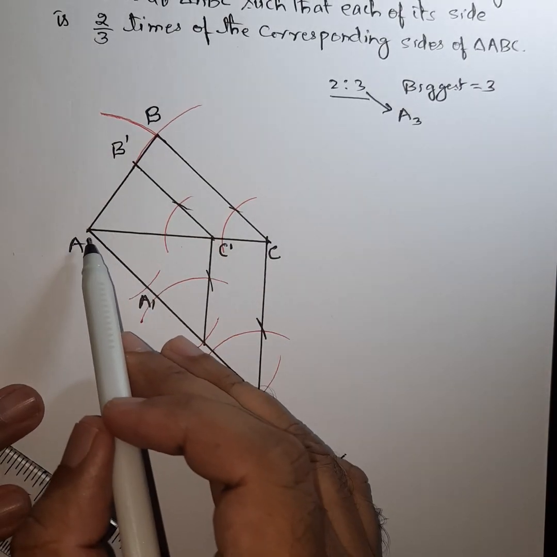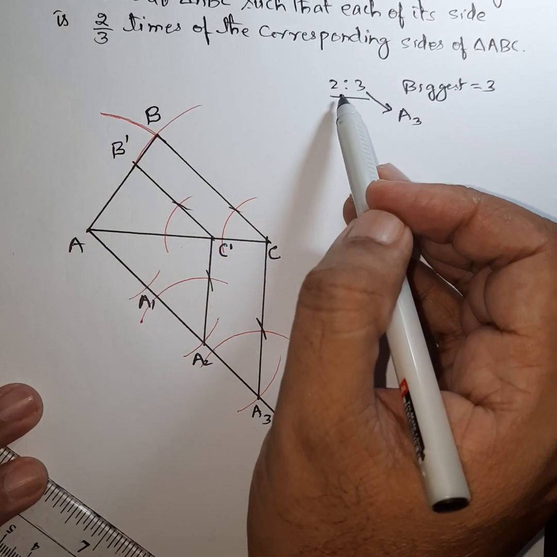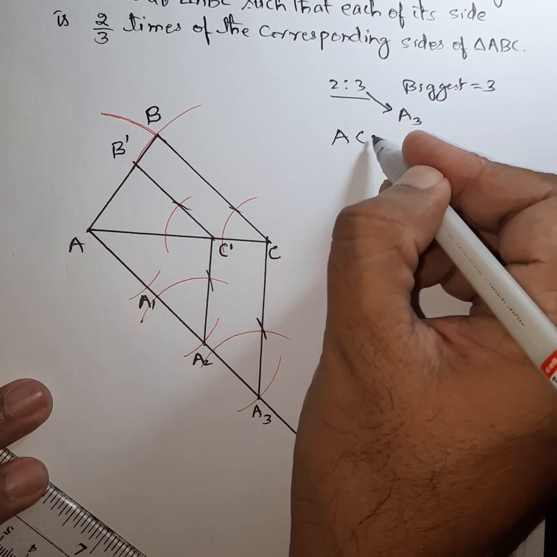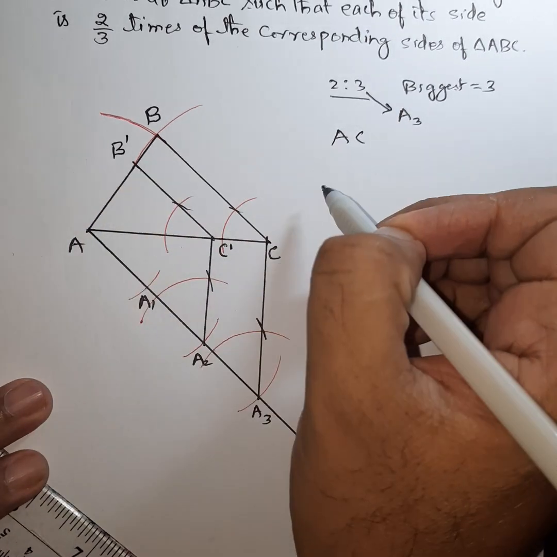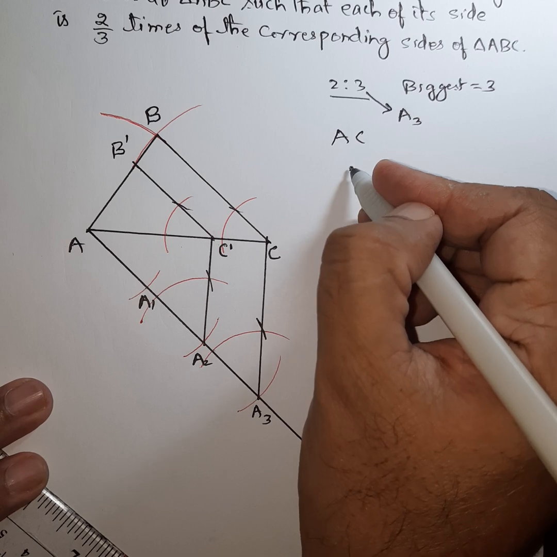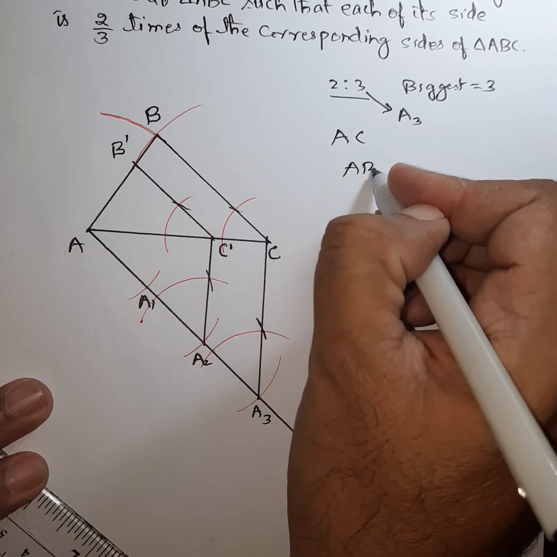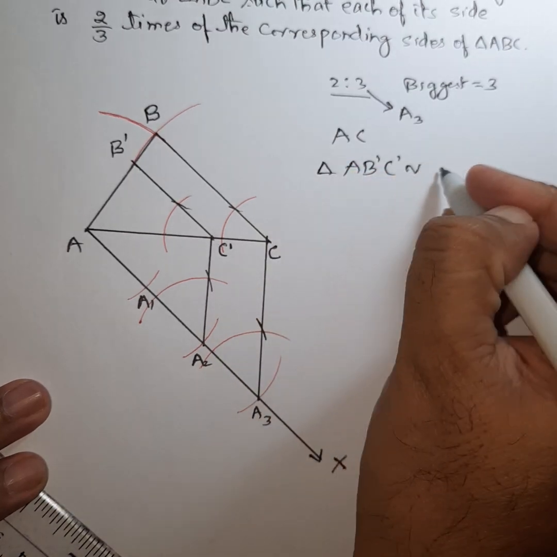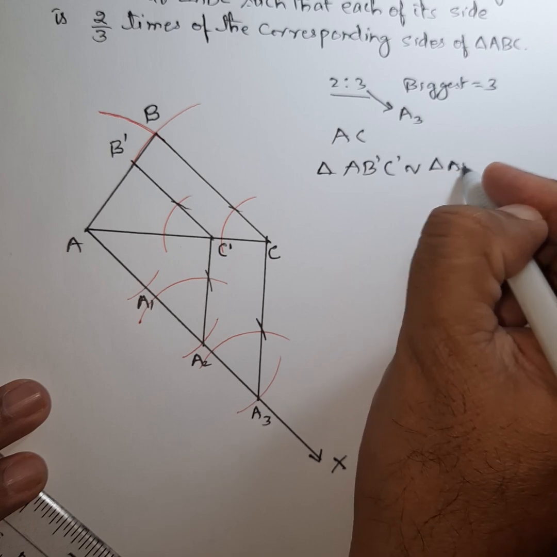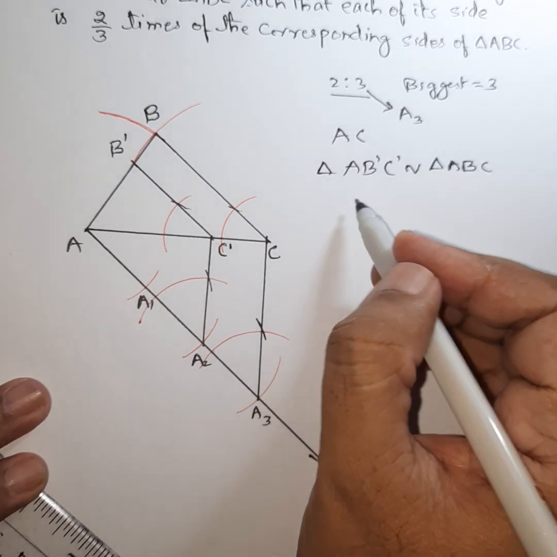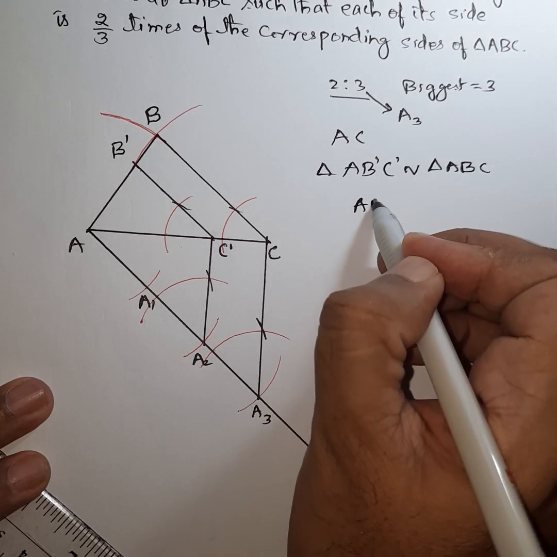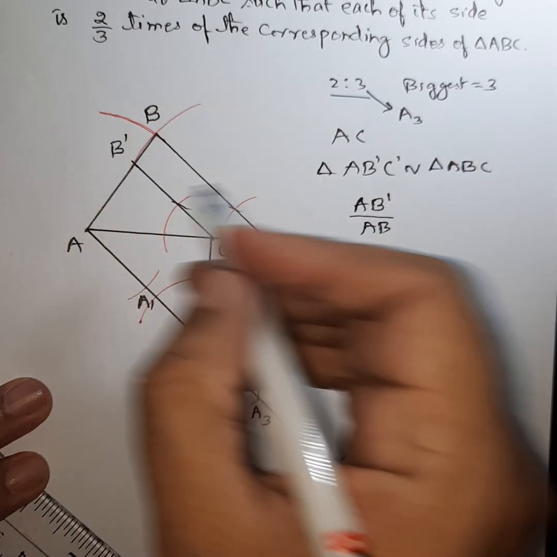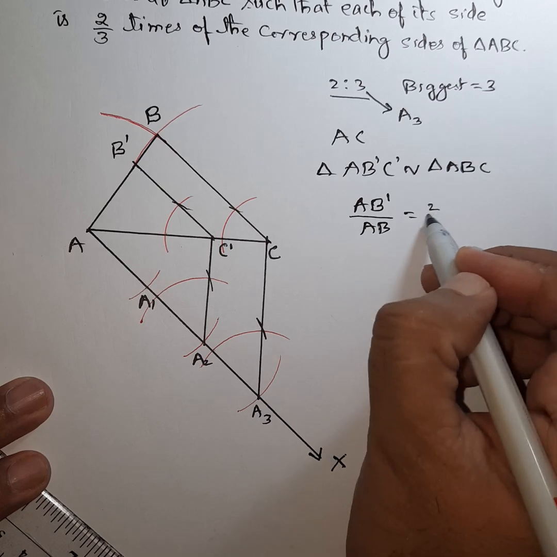Now you can see that the triangle you are going to make should have the 2:3 ratio. We got triangle AB dash C dash, which is similar to triangle ABC, such that the ratio AB dash upon AB is 2/3.